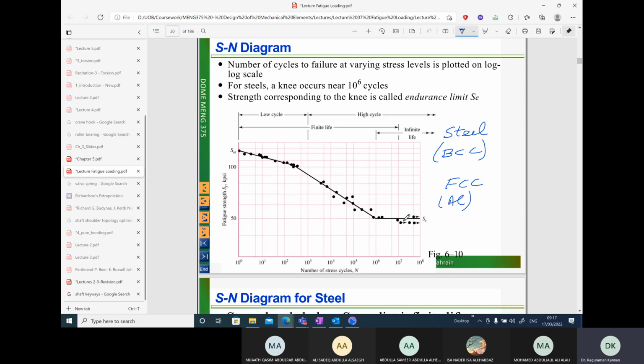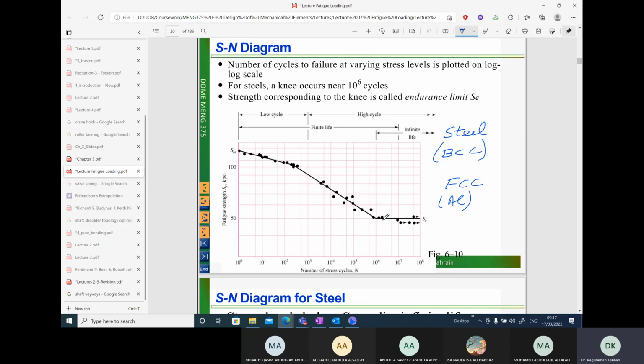What is this endurance limit? When you reduce the amplitude of stress below a certain value called the endurance limit, then the specimen will have infinite life. That is, the specimen will never fracture. But when it reaches the endurance limit, the specimen begins to fracture.